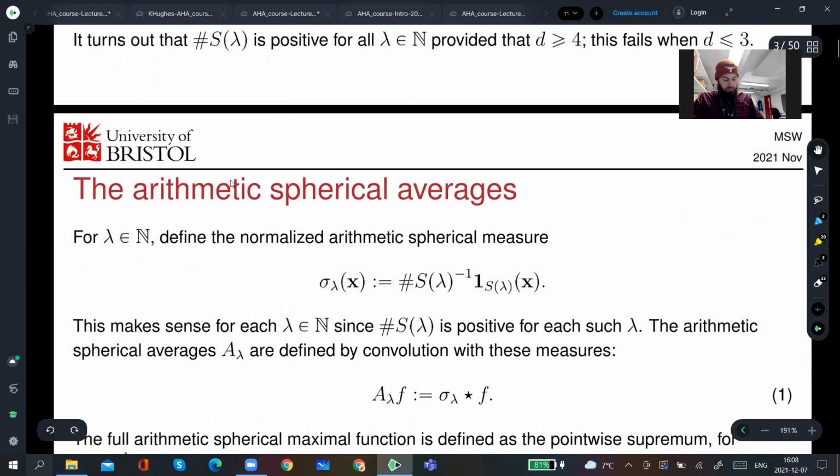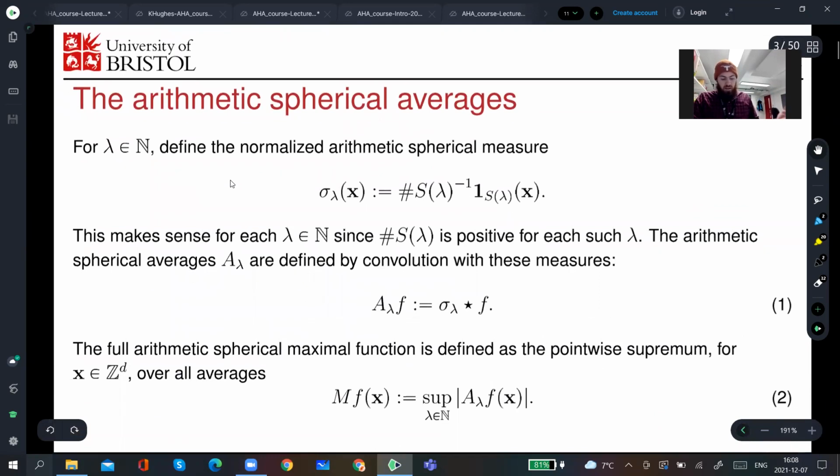Okay. And we use these to define the arithmetic spherical measure, where I just take as my measure the indicator function on the set of integer points on my sphere, and I normalize by the number of such points to make this a probability measure.